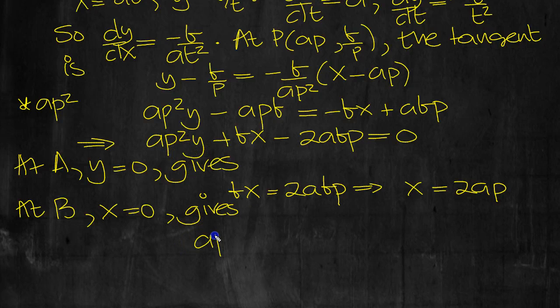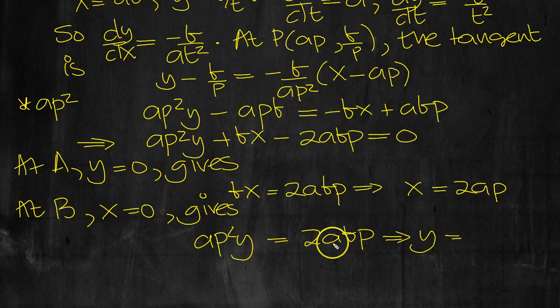This is ap squared y, x is 0, equals, move this over to abp, so it tells us what y is. y is equal to, an a will cancel, one of the p's will cancel here, and we're left with y equals 2b over p. Okay, good, 2b over p, so that's y.